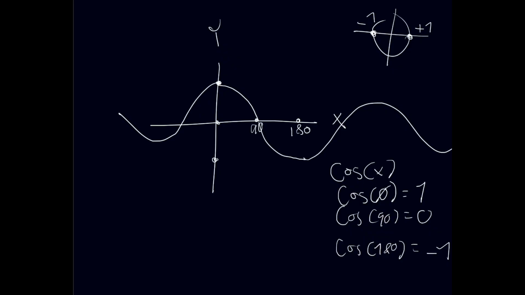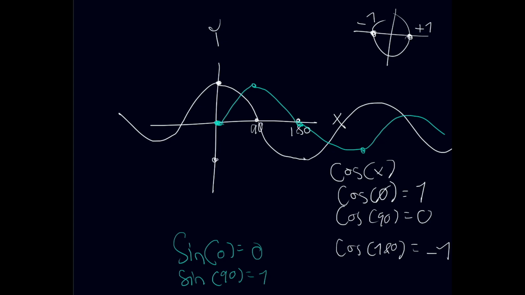And sine is of course the same, but remember that sine of 0 is 0. So we are starting here, and then sine of 90 is 1. So it's starting here, and then it's going up, and it's going to 0 again, and it's going down to -1, and then it's going up again.